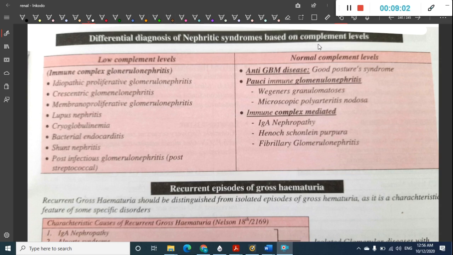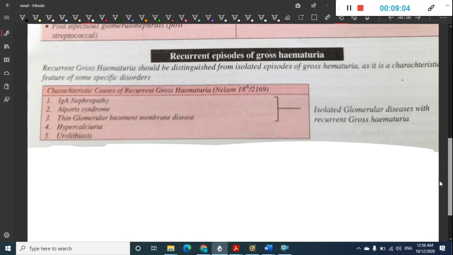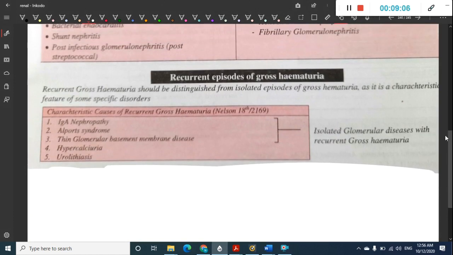Then what are the causes of recurrent episodes of gross hematuria? Recurrent gross hematuria should be distinguished from isolated episodes of gross hematuria. So where do you see this?